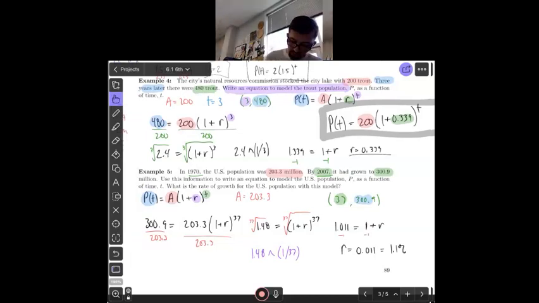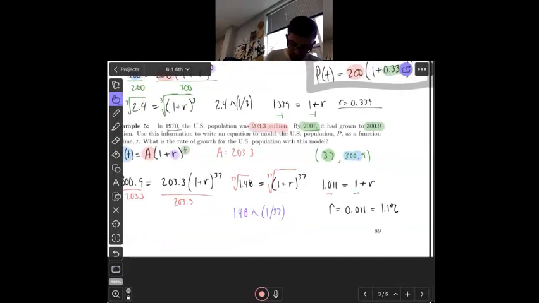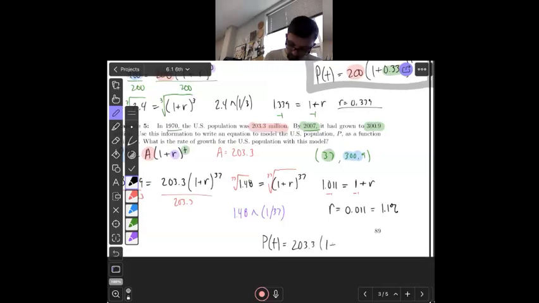What we are trying to do is write that function. So now we know A, we know R, so we can go and write the function. So P of T equals A, which was 203.3, times 1 plus 0.011, all to the T power.